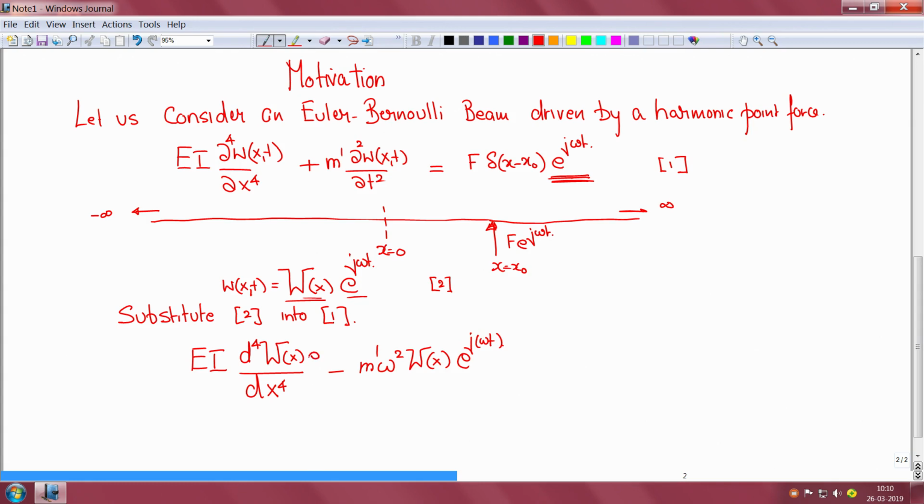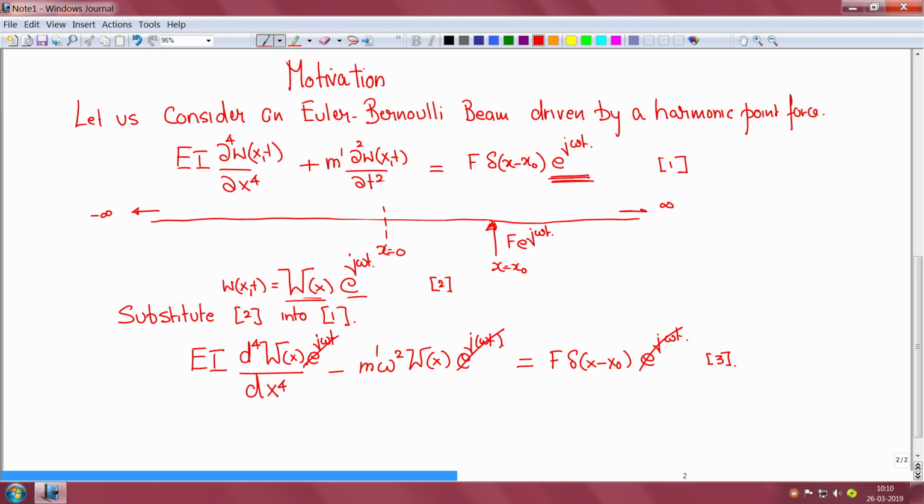There will be an e to the power j omega t here also, and that is equal to F delta x minus x 0 e to the power j omega t. We will call this 3. Since e to the power j omega t cannot be 0, we will divide the whole equation by e to the power j omega t and we cancel it out.